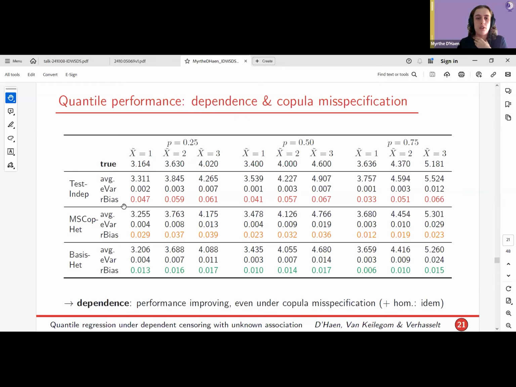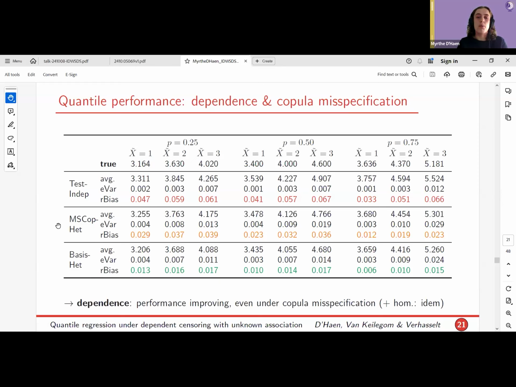And as you can see, then the relative bias here can get pretty large. On the other hand, if you would apply the dependent censoring model with a correctly specified copula family, so for instance, the data are generated with a Frank copula, and you also use a Frank copula for the model fitting, then the relative bias is the smallest possible.